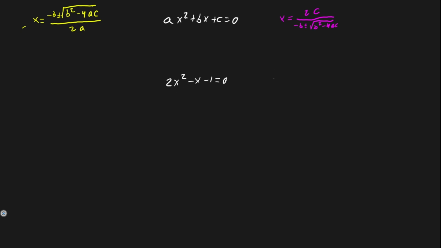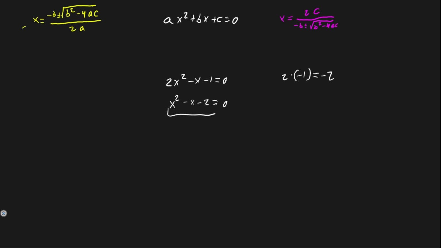So what we can do is multiply a and c, which is 2 times -1, giving us -2. And now we want to find two numbers that add up to -x. So the new quadratic we're going to look at is x squared minus x minus 2 is equal to 0.